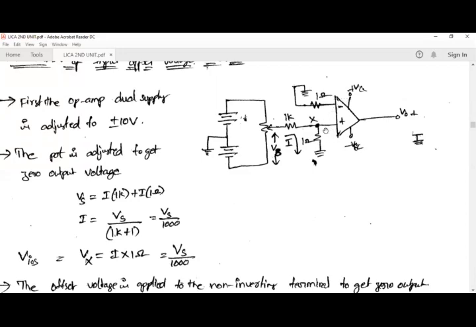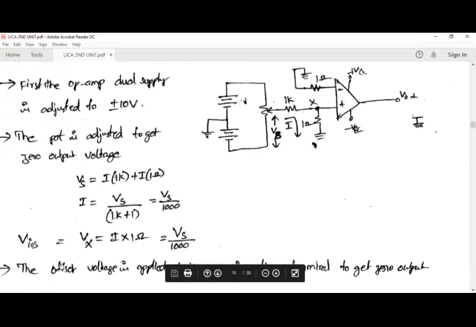So there will be no current splitting at this point. The total current flows through the 1 kilo ohm resistor as well as the 1 ohm resistor. So Vs is equal to I into 1 kilo ohm plus I into 1 ohm. From that, I is equal to Vs by 1 kilo. Since 1 kilo plus 1 is approximately equal to 1 kilo, we can write I is equal to Vs by 1000.